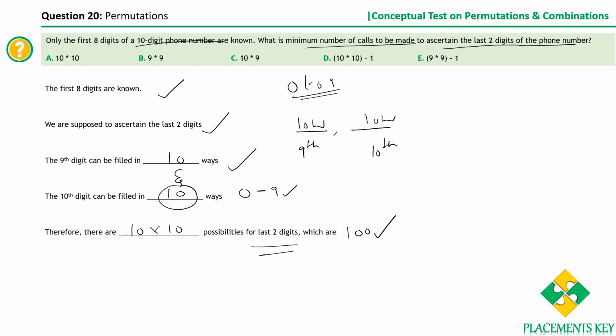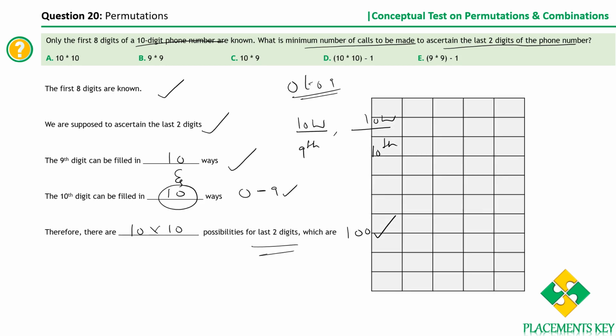Now the point is, let me also represent what those are, for your understanding. So what are the last 2 digits? It can be 0, 0 or 0, 1, so on.